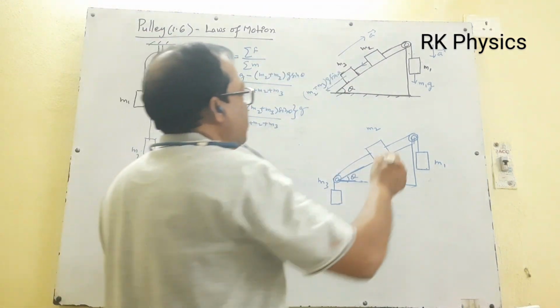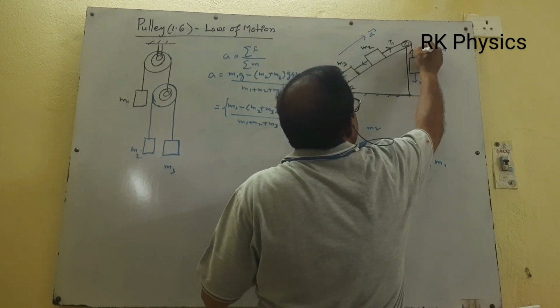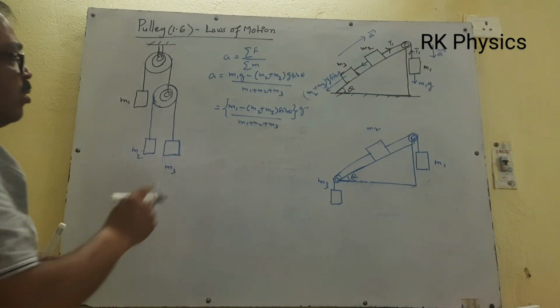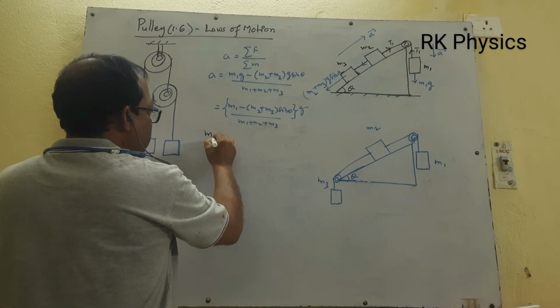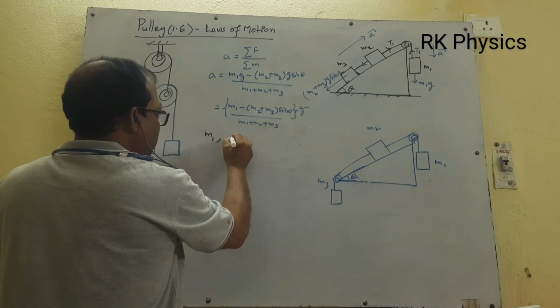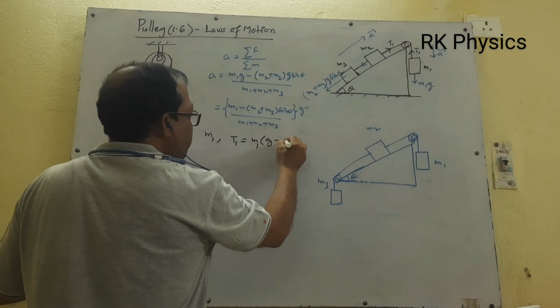Okay, then come to the tensions. Between M1 and M2, suppose T1 is the tension acting. Now find T1 acting on only one body, that is mass M1. M1 is moving down, therefore you write T1 is M1 times (g minus A).